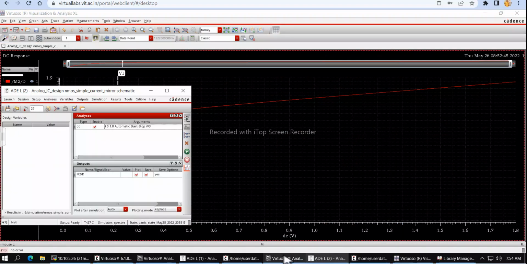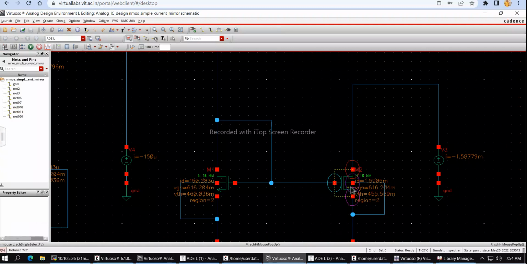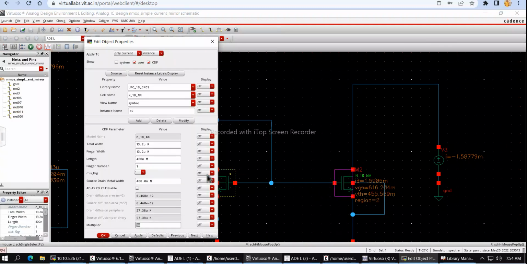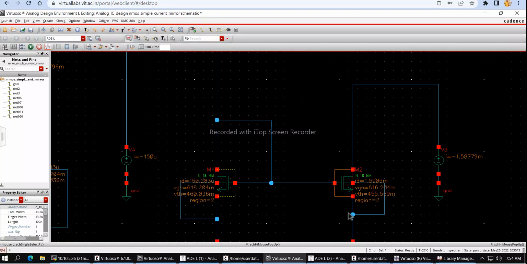Let us change that back to 150. Let me make my multiplier 1, so that it will be sourcing 150 microampere.